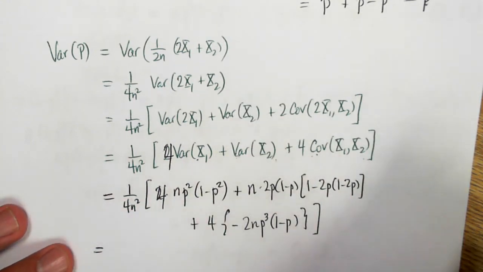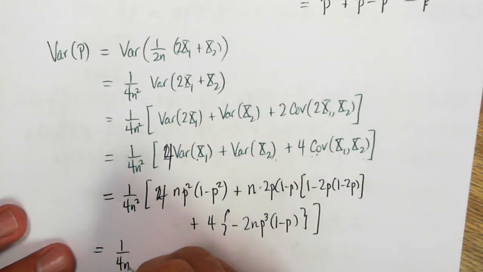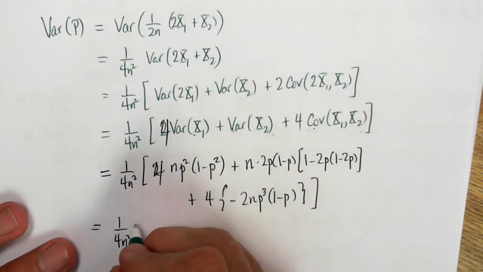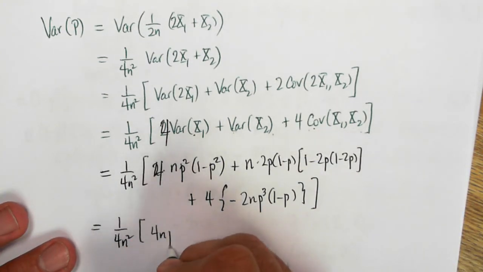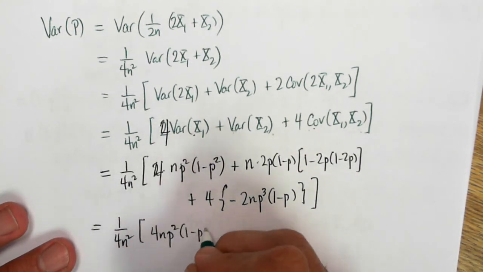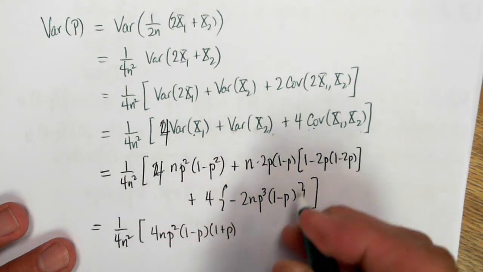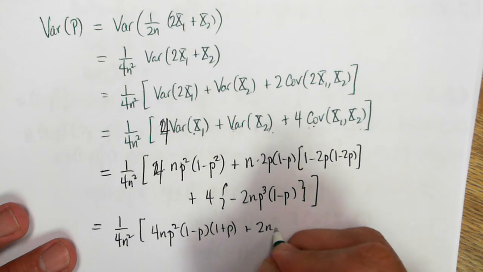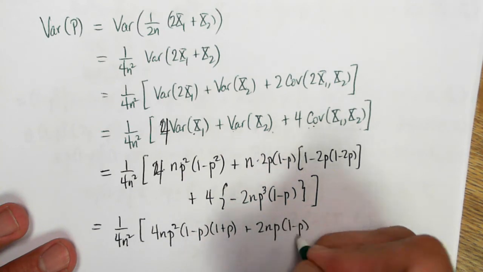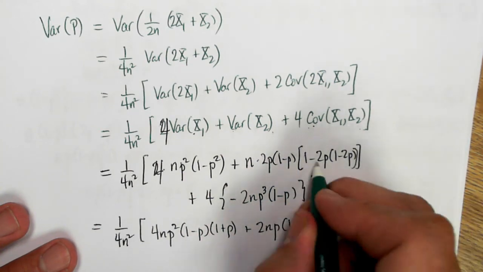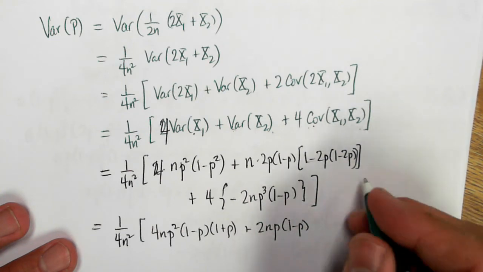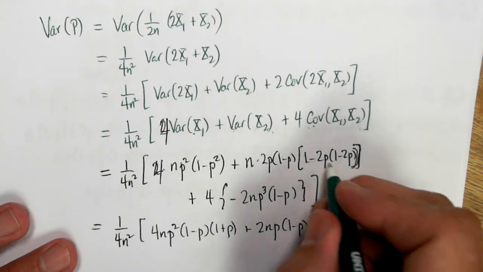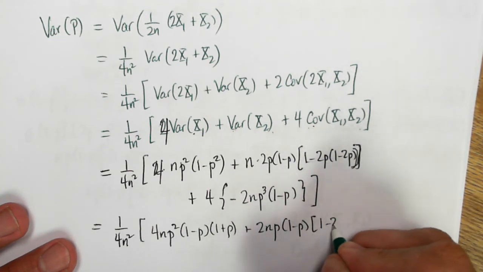Now let's see, we start simplifying. So 1 over 4n squared. So 4np squared (1 minus p)(1 plus p). On this part, I have plus 2np(1 minus p). And then inside of this bracket, actually this bracket was fine, we have 1 minus 2p.